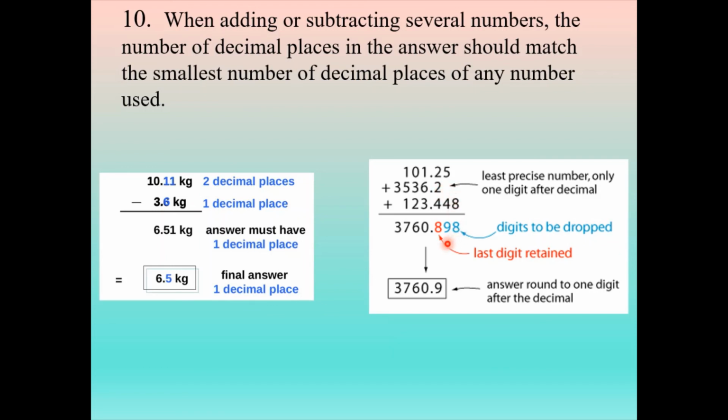So our answer has to be rounded to one decimal place. So in this decimal here, the 0.898, we have to round that to 0.9. We round it up in this case because of this 98, which causes this 8 to round up to 9. So here's our correct answer here.